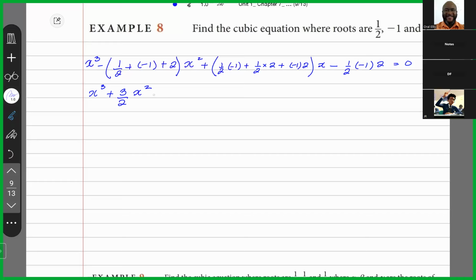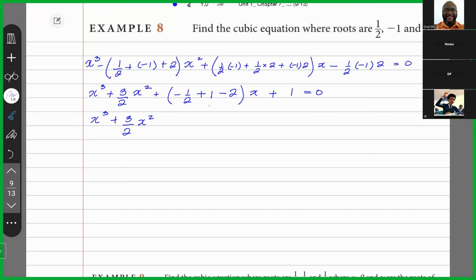Now over here we have plus minus a half plus 1 minus 2 x, and then a negative times a negative is a positive. A half times 1 is a half, and a half times 2 is 1, is equal to 0. This is x cubed plus 3/2 x squared. Now in the middle, we have minus a half plus 1.